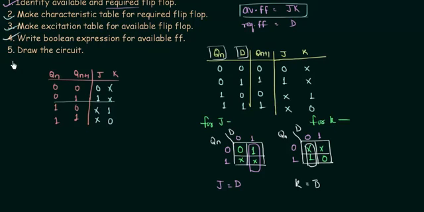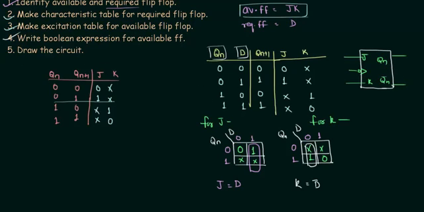Now let's move to our fifth step, that is drawing the circuit, and this is a very important step. We have to first draw the available flip-flop, because we are going to do small changes in the available flip-flop to get the required flip-flop. So the available flip-flop is JK, and the two inputs are J, K, this is my clock, and the two outputs are Qn and its complement.